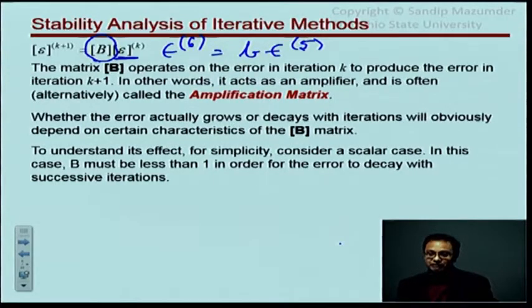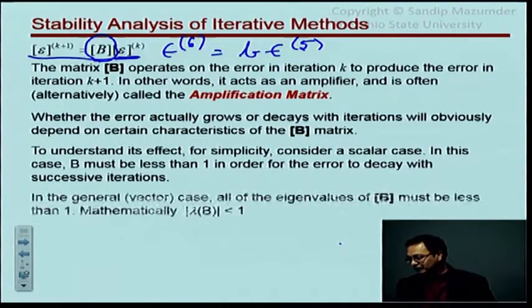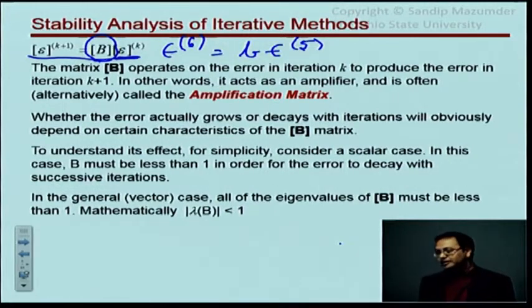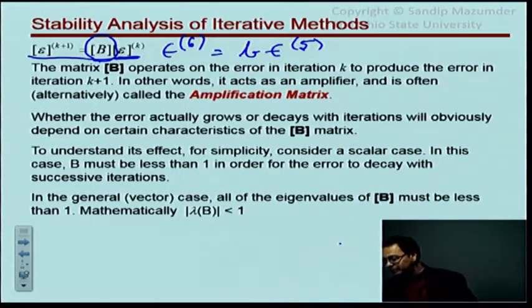Now, in the case of a vector, which is what we have here, the criterion is that the eigenvalues of B must be less than 1. So for a scalar, it's just one number. For a vector, it's the eigenvalues of B, denoted by lambda with B within brackets. And notice the absolute value sign on the two sides.